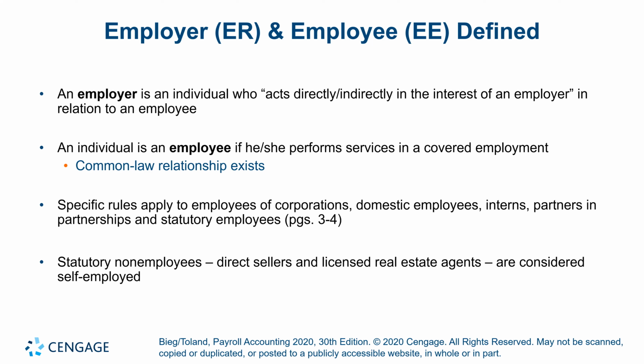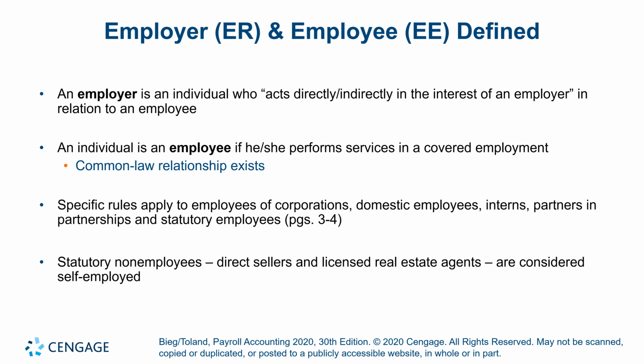And then statutory employees. And again, we'll continue to talk about these more as we continue through the PowerPoint slides. Statutory employees are workers that could qualify as independent contractors, but are still taxed as employees for Social Security and other taxes like that.